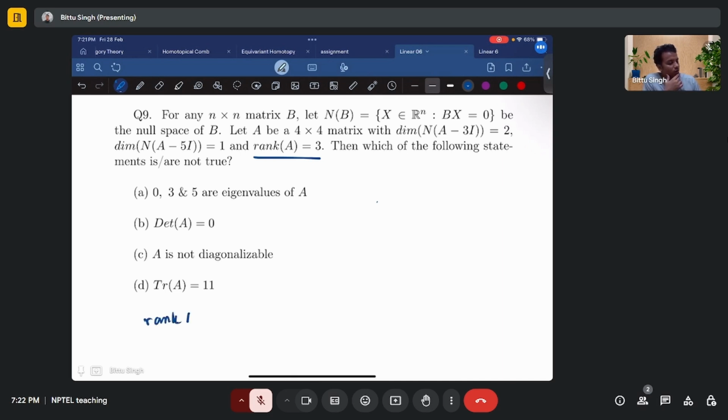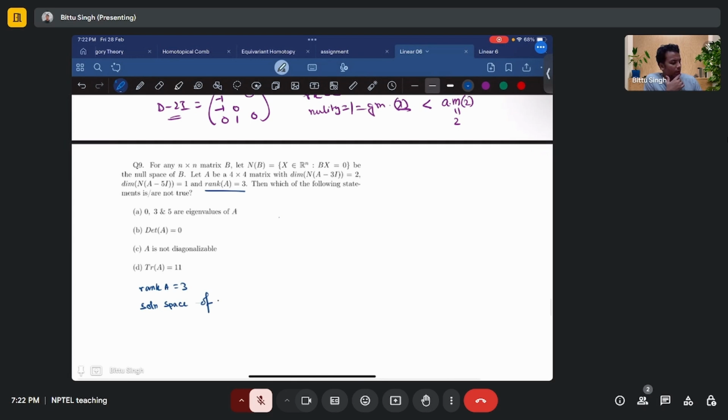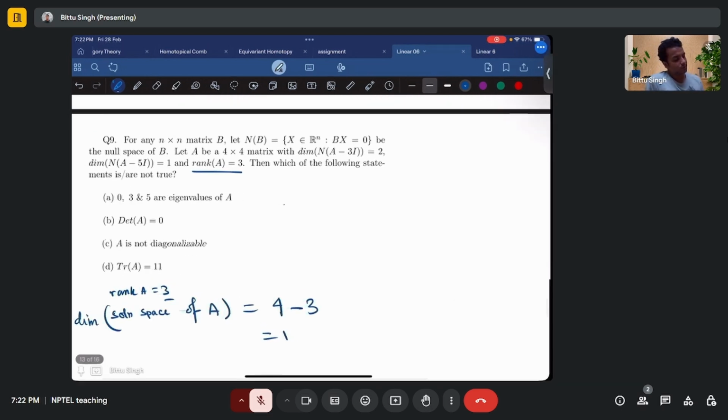Rank of A equal to 3 means the dimension of the solution space of A, that is the nullity. This is a 4 by 4 matrix, so 4 minus the rank, 4 minus 3, which is 1. So the dimension will be 1.